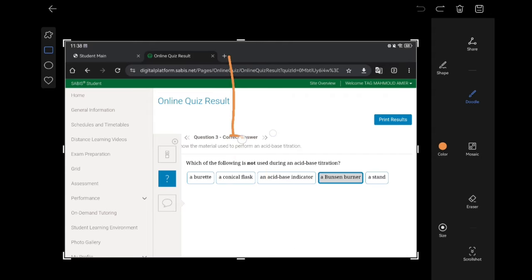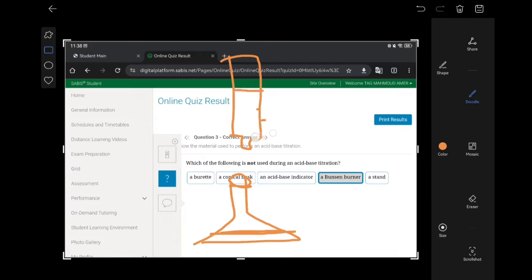So, a conical flask or Erlenmeyer or whatever, and the base, and here's the acid. Usually you don't need to heat anything up.